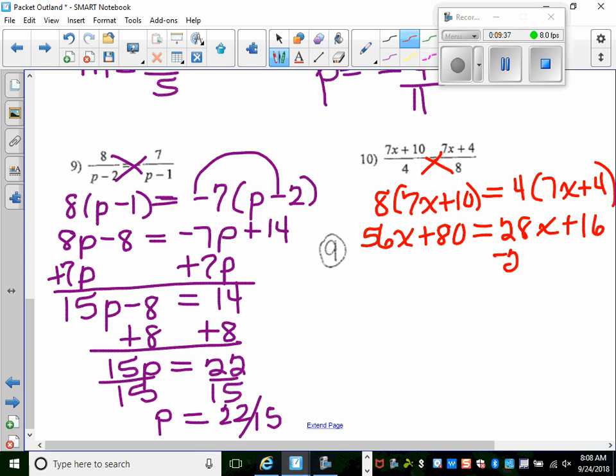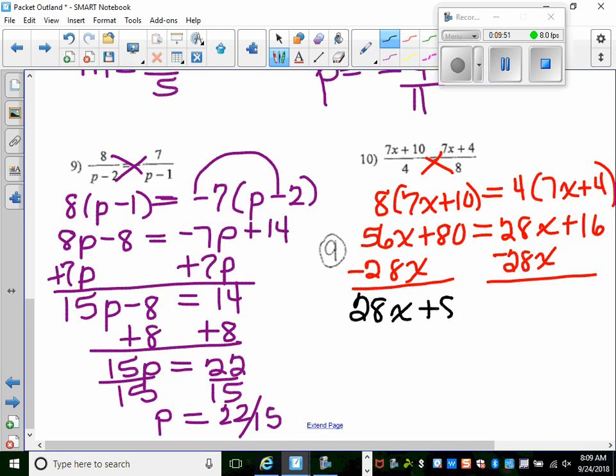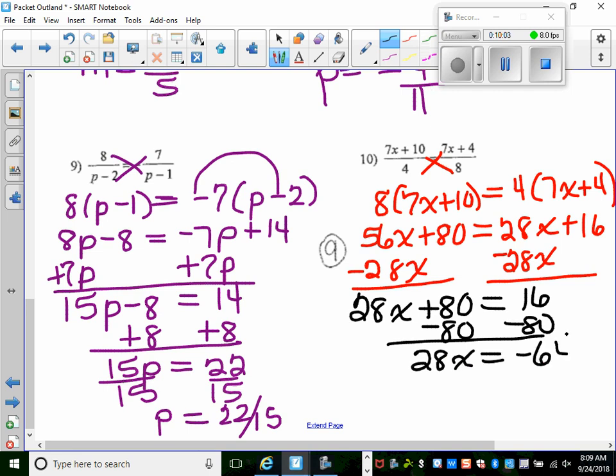So let's subtract 28x. Yes, 28. All right, so we'll have 28x plus 80 equals 16. So what is 16 minus 80? Negative 64. I could definitely reduce this because I see they're even numbers right away.